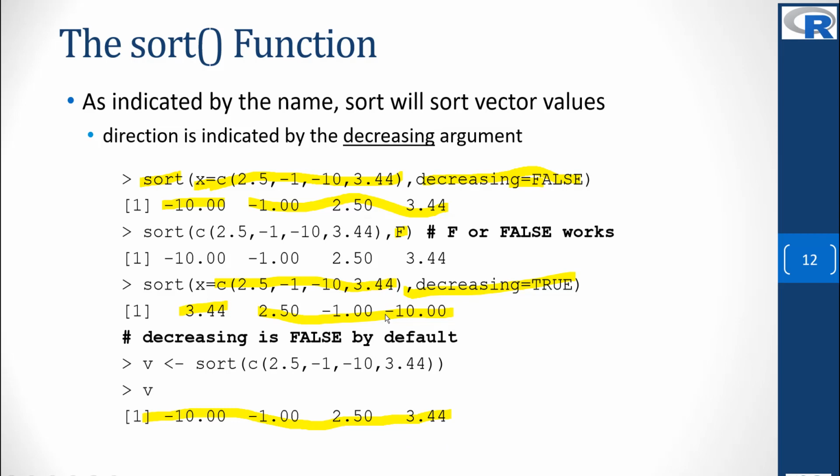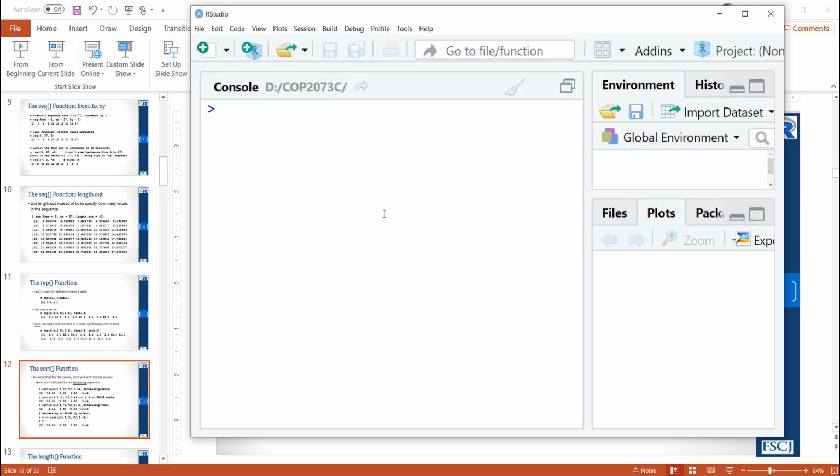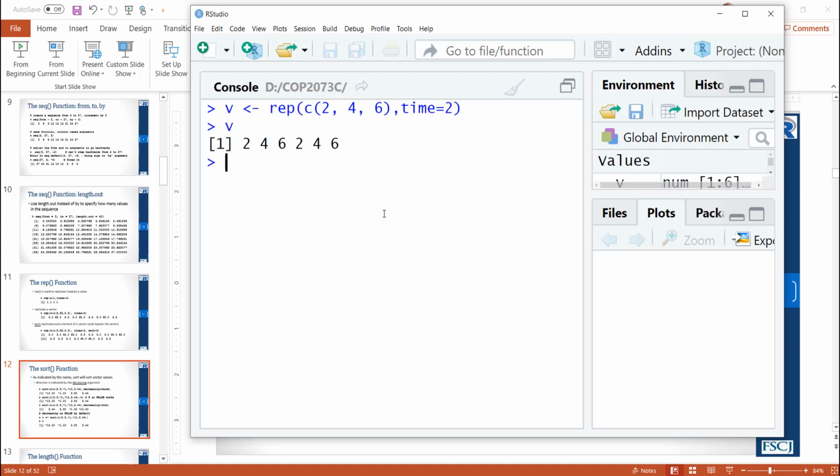So if we play around with these functions a little bit and do something like v is replicate, and let's give it a vector c(2, 4, 6), and let's do times equals 2, and v gives us 2 4 6 and 2 4 6.